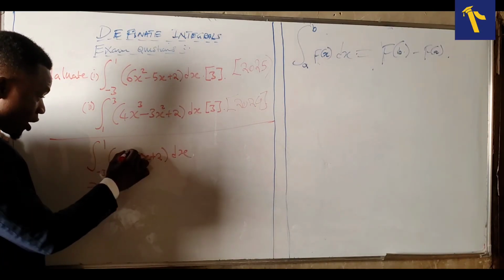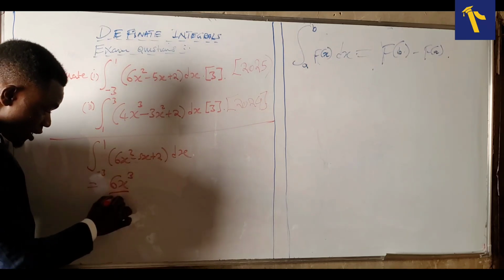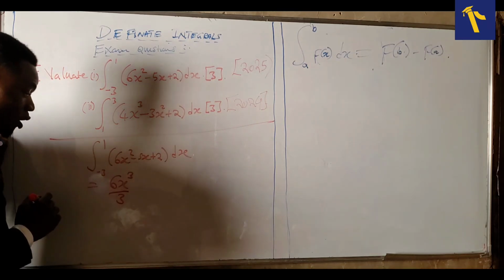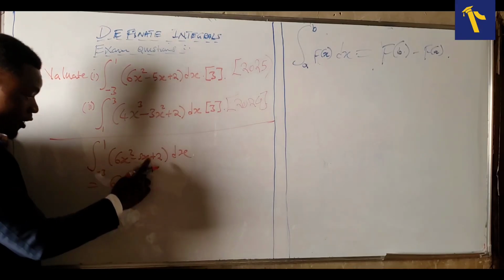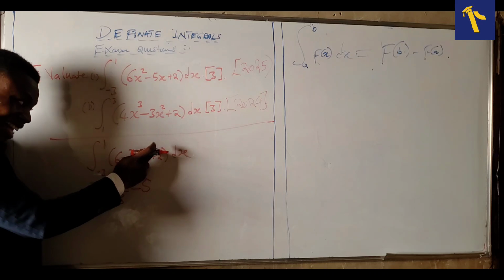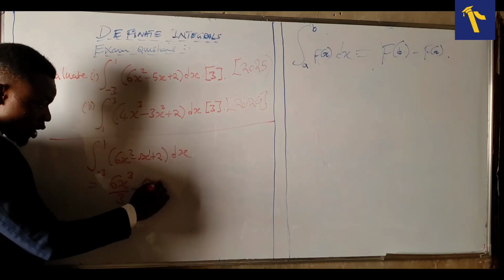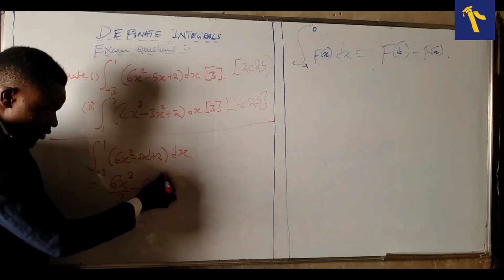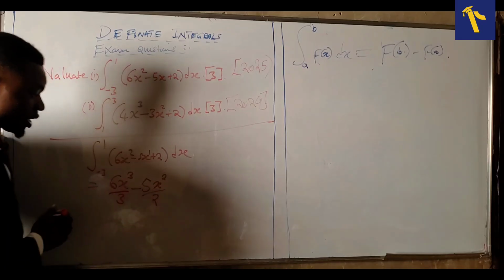So here we have 2 plus 1, that is 3, and we divide by the same overall power, 3, minus 5. This x has an invisible power, which is 1, so the power should increase by 1. We add 1 and get 2, and whatever overall power we get, we divide by it.